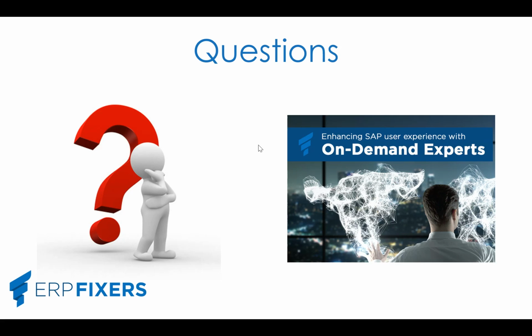Thanks, Paul. I just had another question pop up that I want to get to since we have enough time. The question is, is there an impact on the PO commitment when the invoice is received? Right. So the purchase order commitment is usually used up either when a goods receipt or an invoice receipt is done.